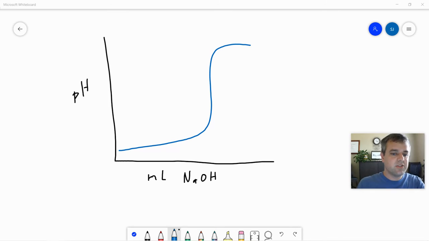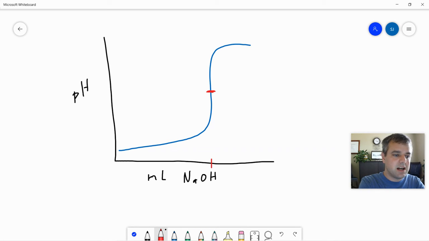This right here is the graph of a pretty standard titration with a strong acid and a strong base, like, say, hydrochloric acid. Your equivalence point occurs where there's this giant sharp rise and the curve changes its inflection point. So it looks like that's your equivalence point about right there.